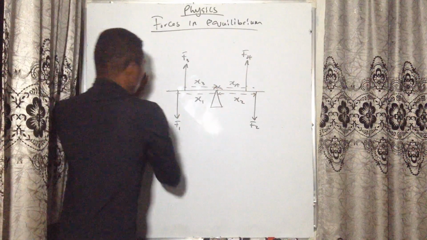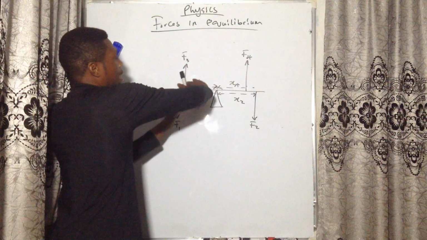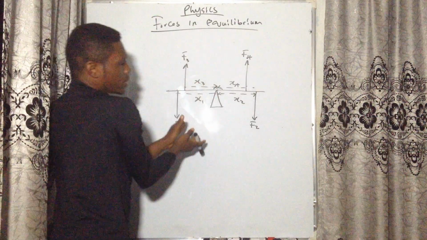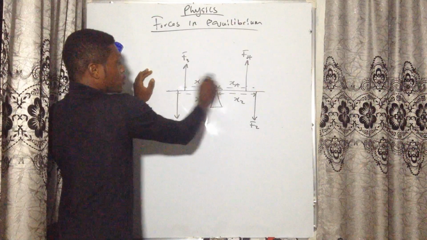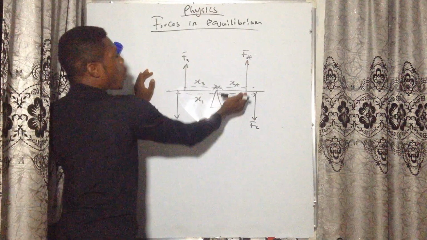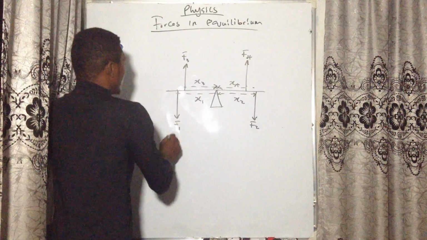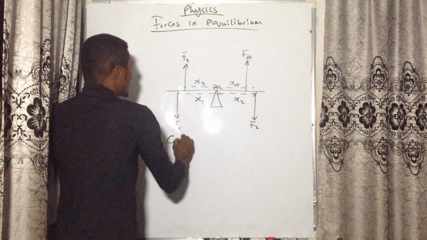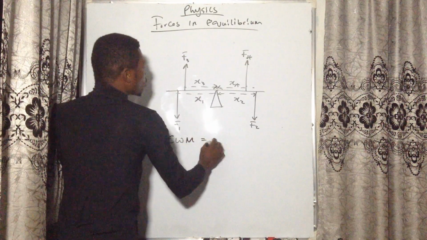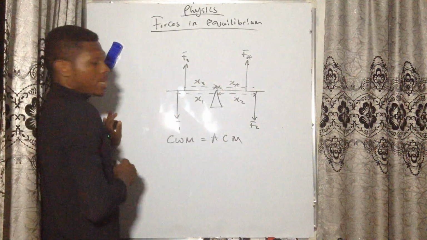Now, from the second condition, they say the algebraic sum of the moments of the forces about any point on the body is what? 0. Now, this we consider like this is clockwise forces. Like clockwise forces are 1, 2, because this force is going like this, clockwise, while this one is going like this, anti-clockwise. Do you understand? So clockwise moments is equal to what? Anti-clockwise moments. Do you understand?